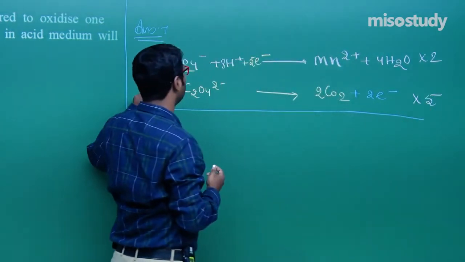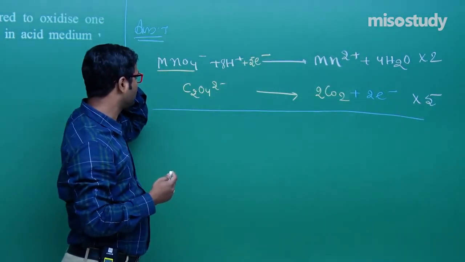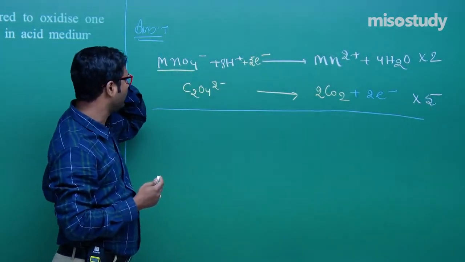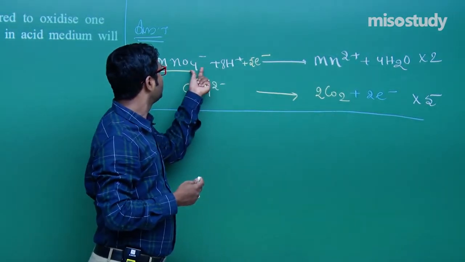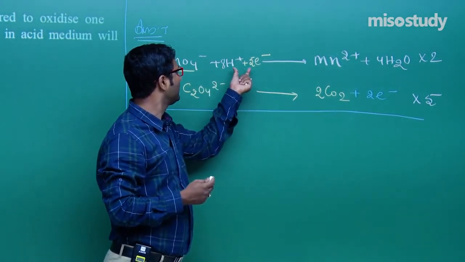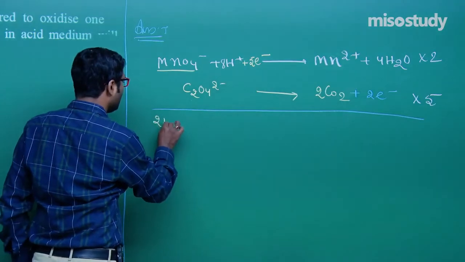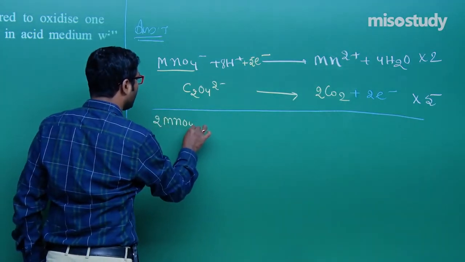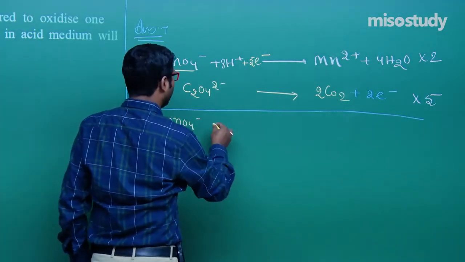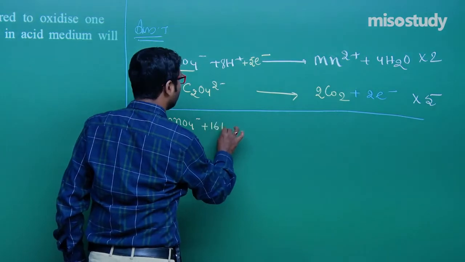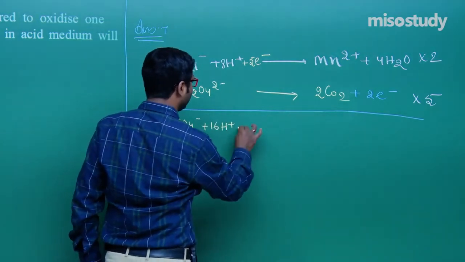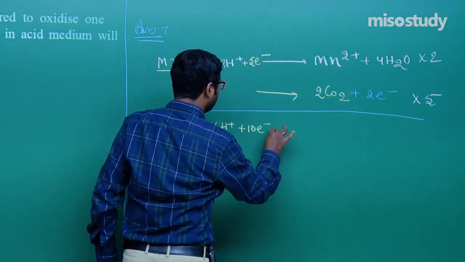Look at the balancing one. 8H plus. Okay. Now that is 2MnO4 minus then 16H plus, that is 10 electrons. Clear to you?